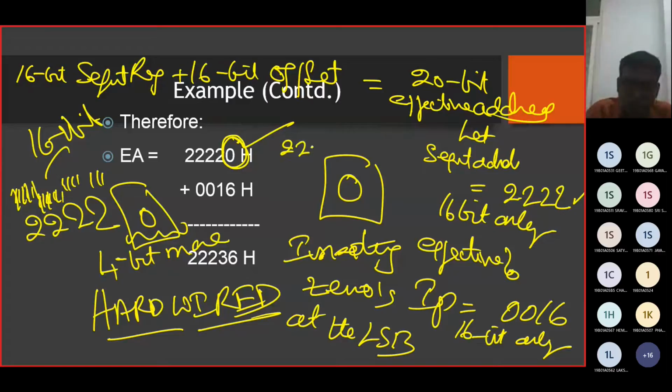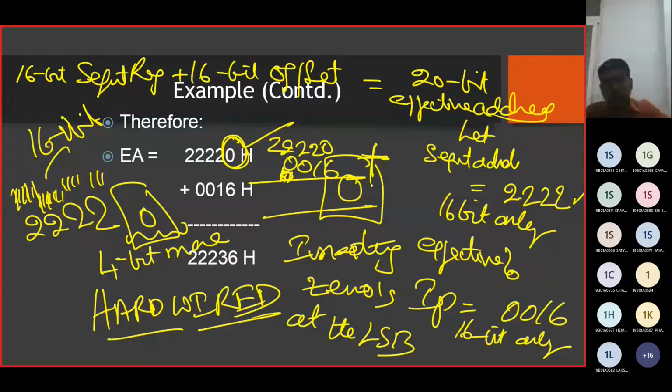So 2, 2, 2, 2, 0. Then another one was 0016, making an addition of the IP here.